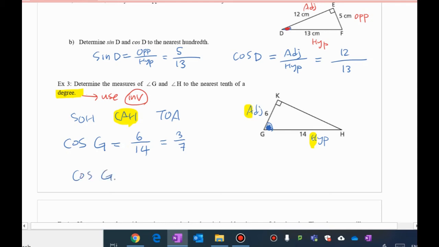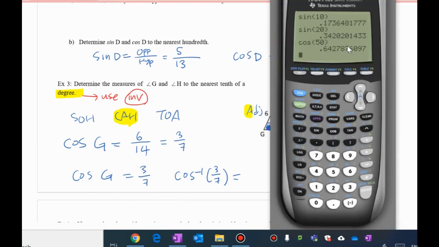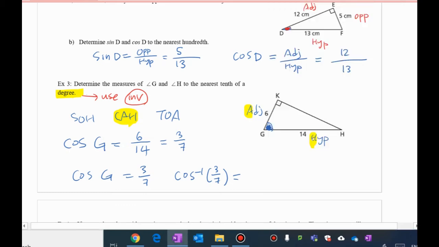And we want to find this G, angle measure G. So what we're going to do is use inverse cosine and the ratio, and that will give you the angle measure of G. Okay, so second, inverse cosine, 3 divided by 7, and that is 64.62. Nearest tenth of degree, so that will be 64.6.